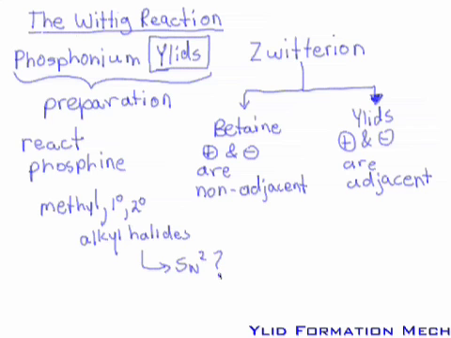Let's take a look at the reaction mechanism for the formation of the phosphonium ylide. The phosphine that we're going to use is triphenylphosphine, with 3 phenyl groups. I'll draw it this time, but after this I'll just refer to it as C6H5 3 times. Triphenylphosphine has 3 phenyls off of it, so it's quite bulky, and a lone pair.